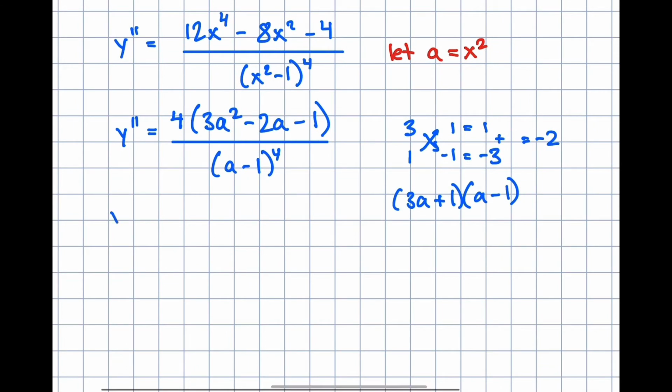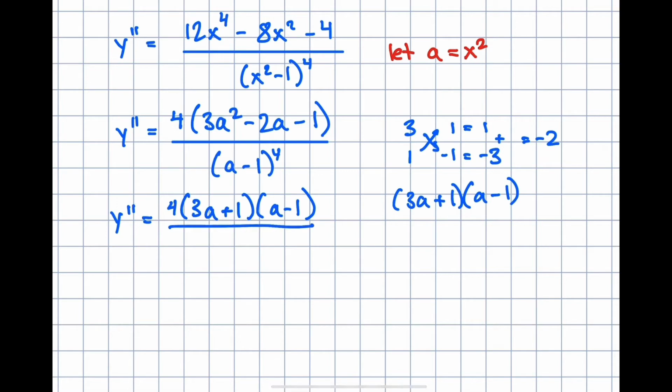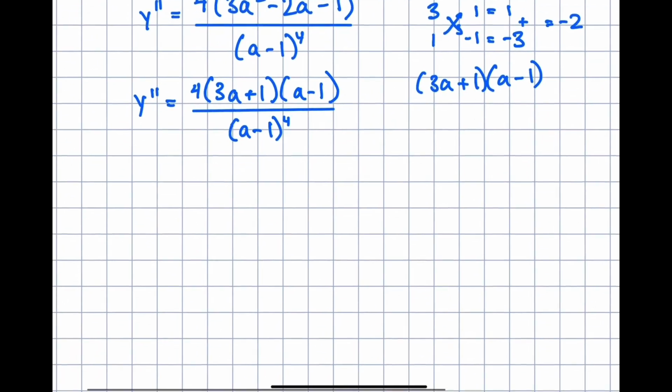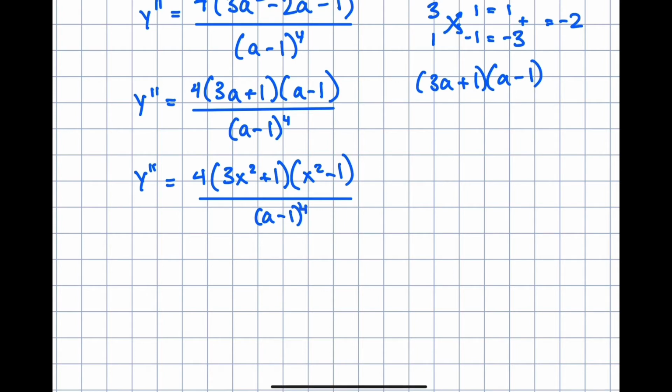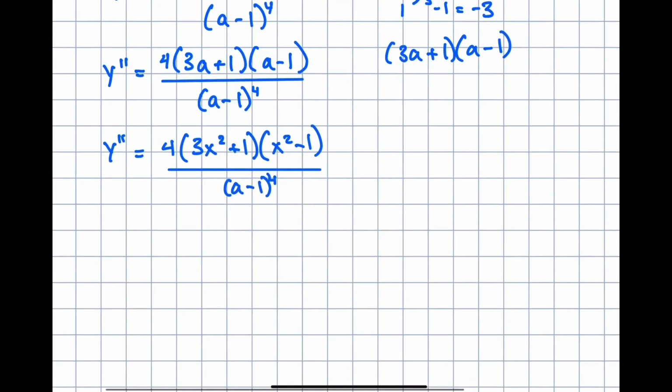Okay, so our second derivative is going to be 4 times 3a plus 1 times a minus 1 divided by a minus 1 to the power of 4. Now if we substitute back in our values of x, we get our second derivative is going to be 4 times 3x squared plus 1 times x squared minus 1 divided by x squared minus 1 to the power of 4.